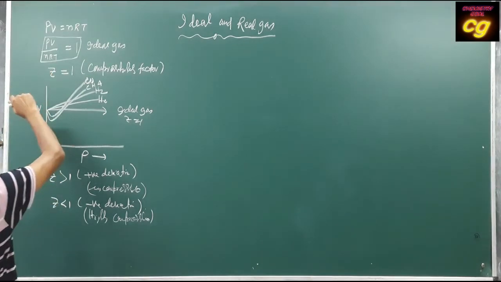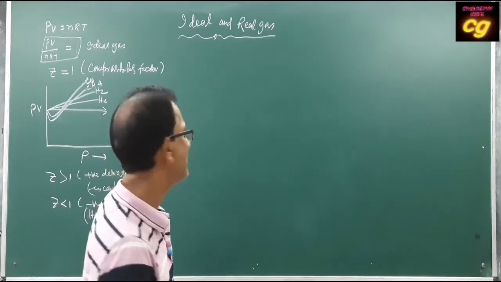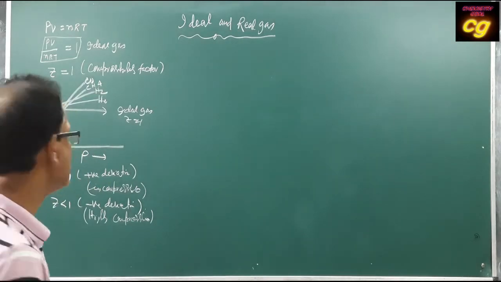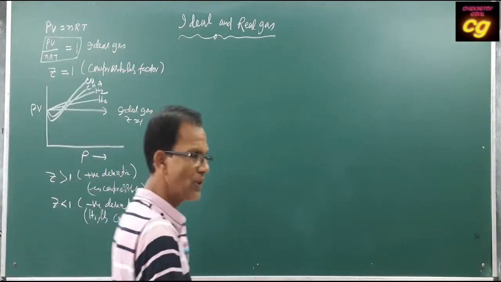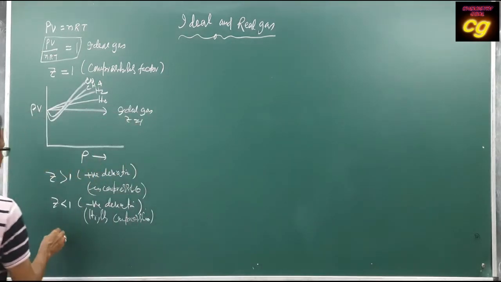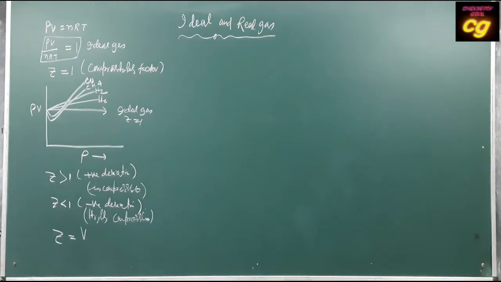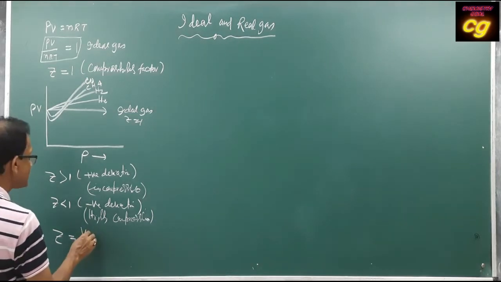For an ideal gas there is an ideal volume, and if it deviates from ideal behavior, that volume is called real. That means the experimental value and your calculated value are different. And this Z is also expressed as the volume of the real gas divided by the ideal volume.